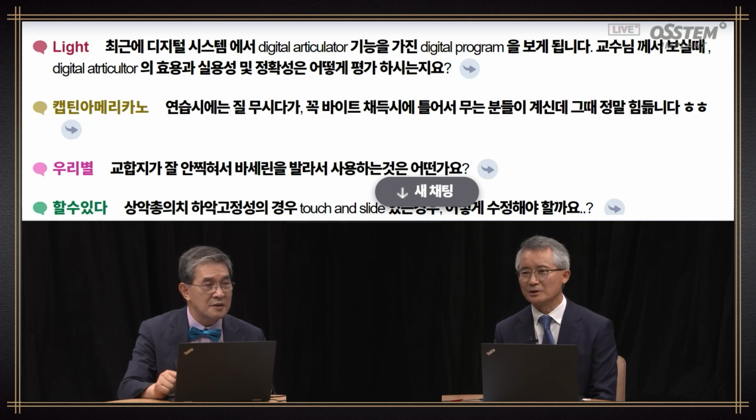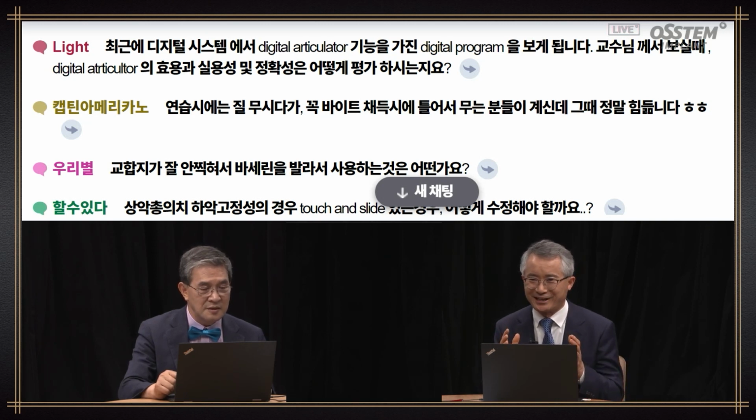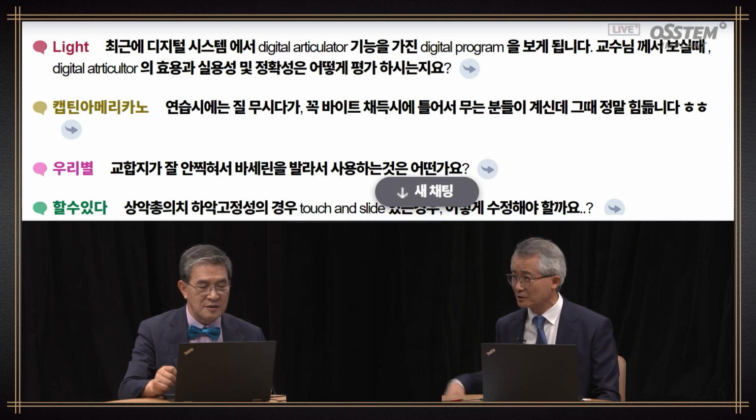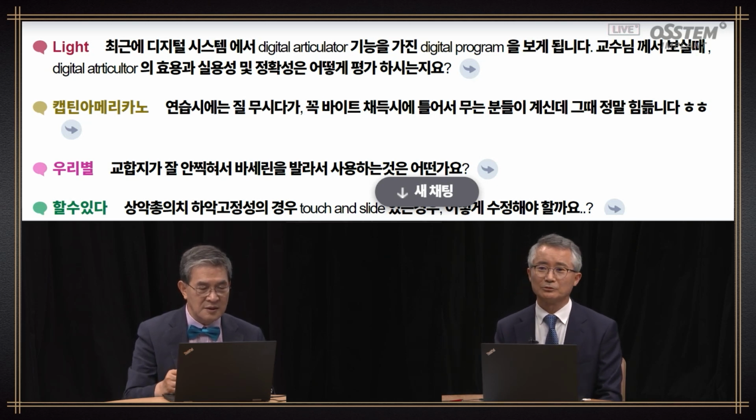Realistically speaking, when we get the result of the CAD design, it can be significantly different from what you've had in mind. I personally think you need to really be able to see it. I do not use a digital articulator yet. So you can use a CAD and ATEX together. So I just check.